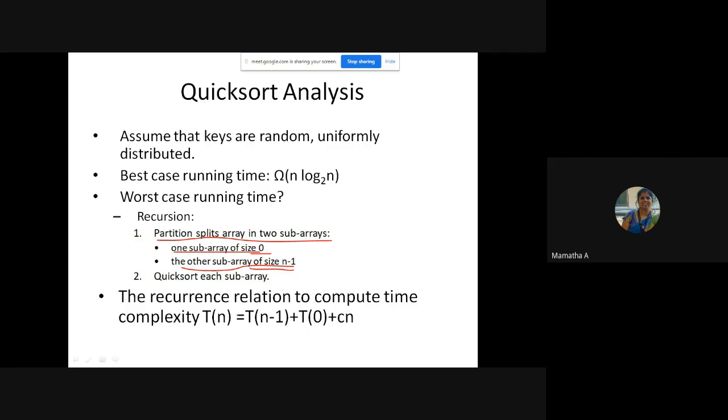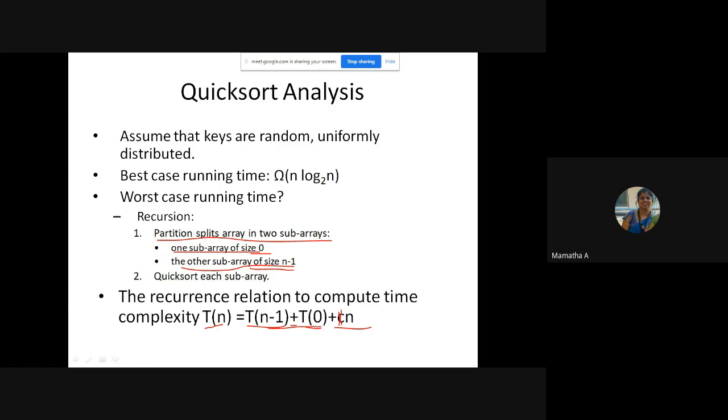And you can observe the time complexity will be now T of n equals T of n minus 1 plus T of 0 plus n. So you can omit this C, not required. So n. Why did I write T of n minus 1 and T of 0, students? Why did I write this? What does T of 0 indicate?